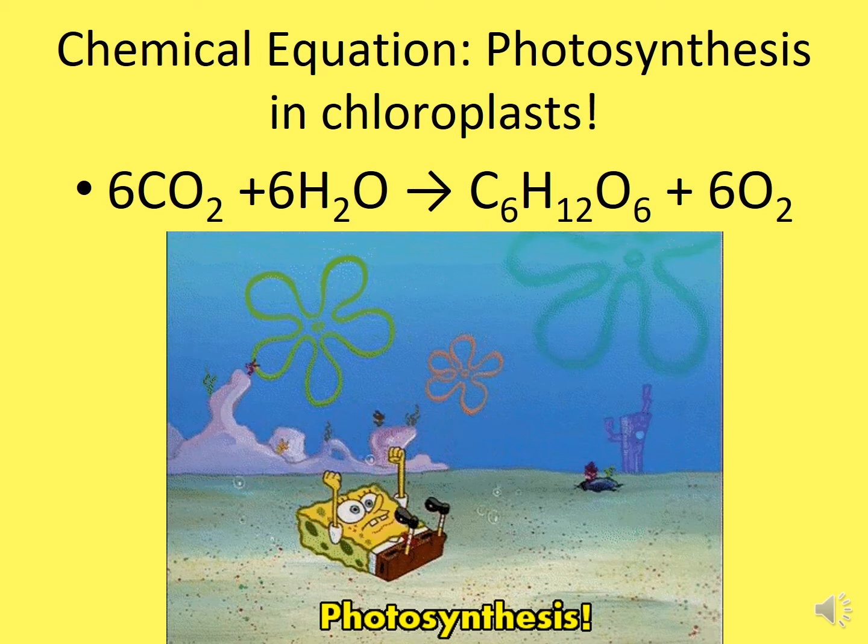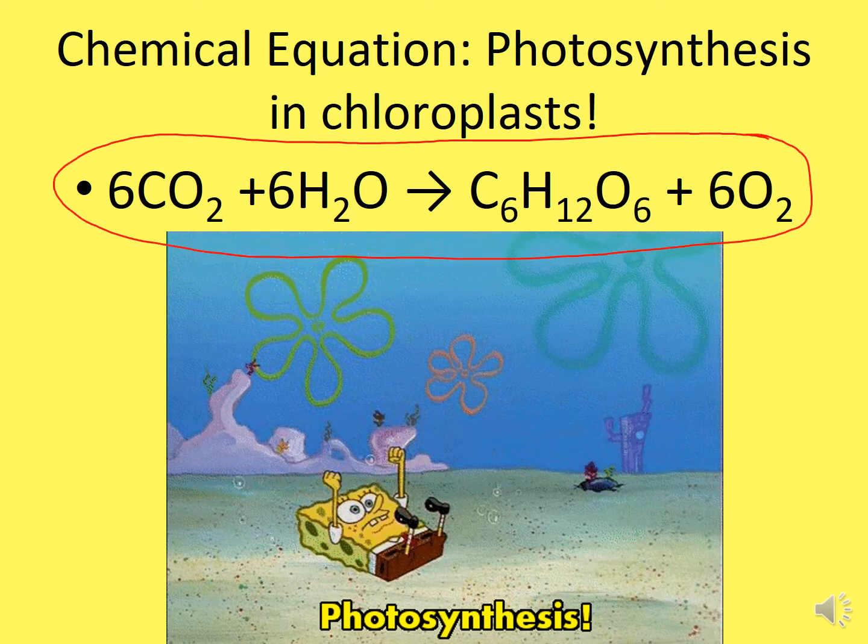So I need you to pause this video and write down the chemical equation for photosynthesis. Yes, go ahead and pause it now. The chemical equation is 6CO2, which is 6 carbon dioxides.